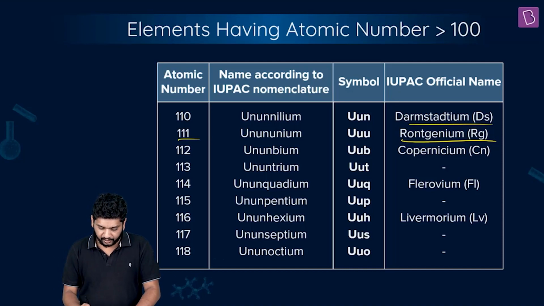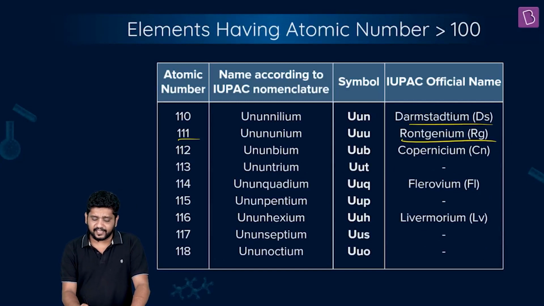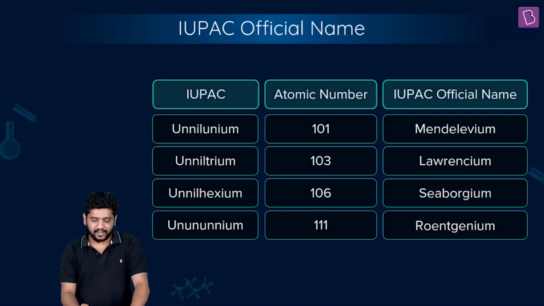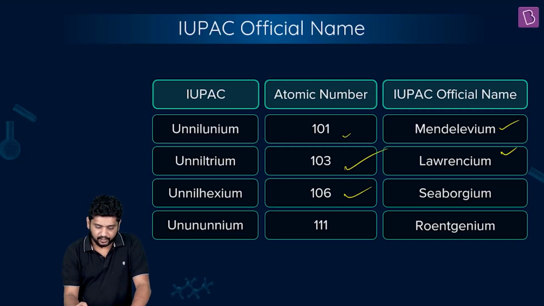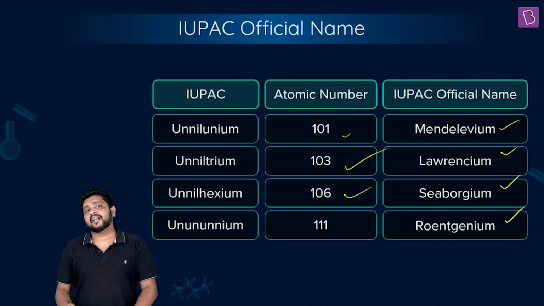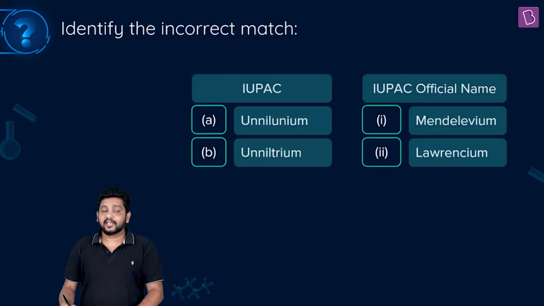So let's look at the options. D is wrong, basically. Others were right. We had our mendelevium, lawrencium and seaborgium, these were right. Only darmstadtium and röntgenium, these names have been swapped. So 101 is mendelevium, 103 is lawrencium, 106 is seaborgium, and 111 should have been röntgenium. Röntgenium should have been the name, but darmstadtium was given to us, which was 110, so that was the one wrongly matched.